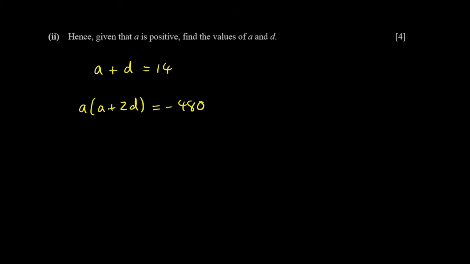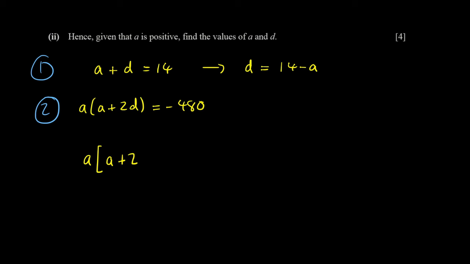Yeah. So what I'll do is I'll rearrange equation 1. So I get D is equal to 14 minus A. And then I'm going to substitute that into equation 2. So if I substitute that in, what I'm going to get is A bracket A plus 2 lots of 14 minus A, close bracket, is equal to negative 480.